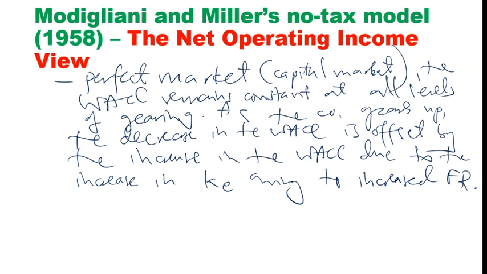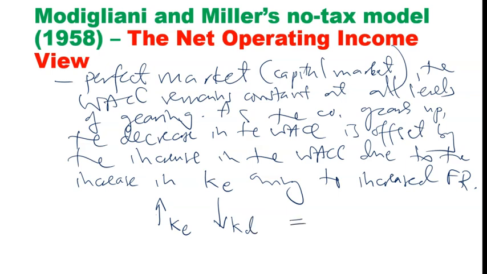So this is actually what happens. But they are saying in this theory, the WACC is going to remain constant, because we are simply saying the increase in KE is being offset by a decrease in KD.